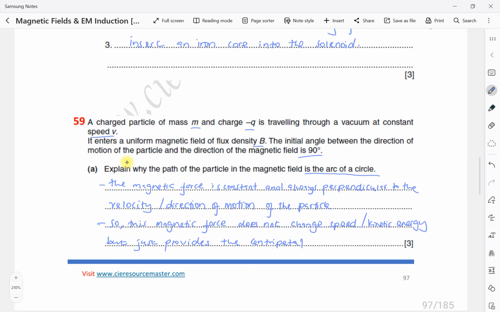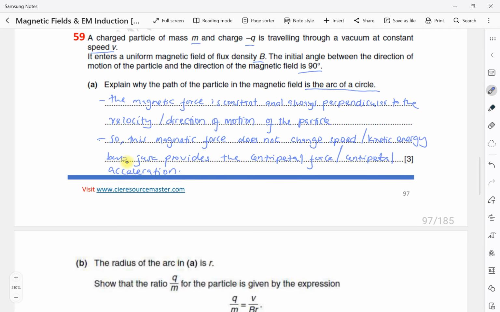Just provides the centripetal force, or you can call it centripetal acceleration. So the magnetic force just provides centripetal acceleration.